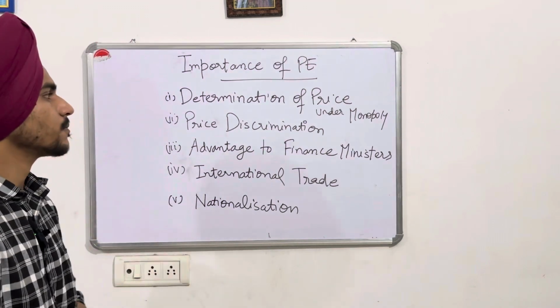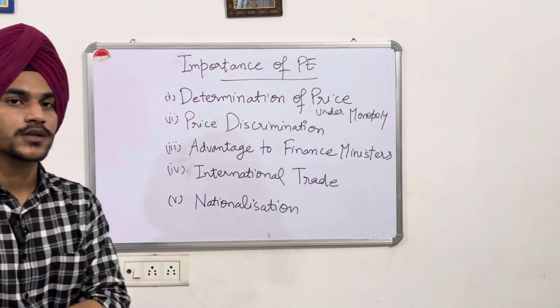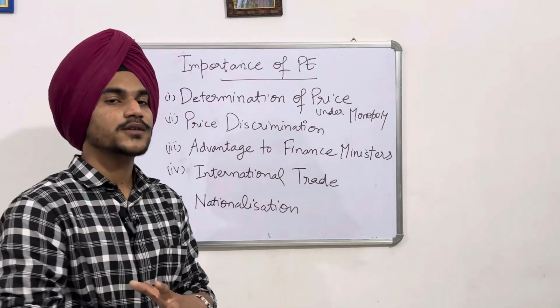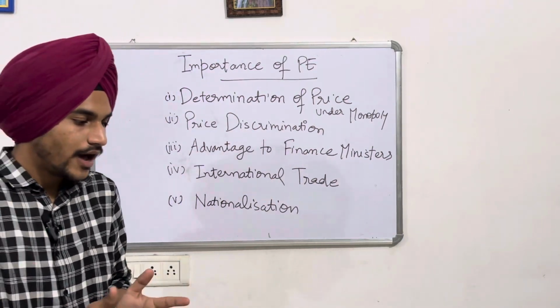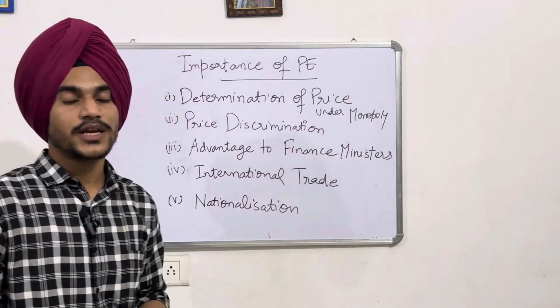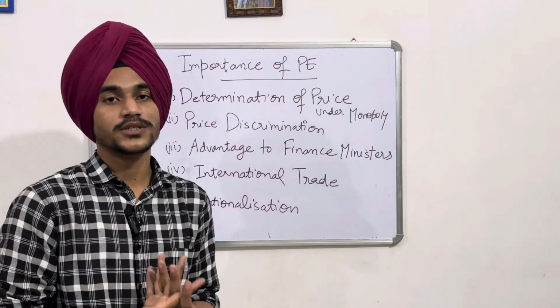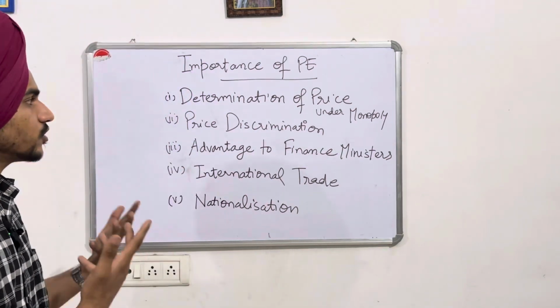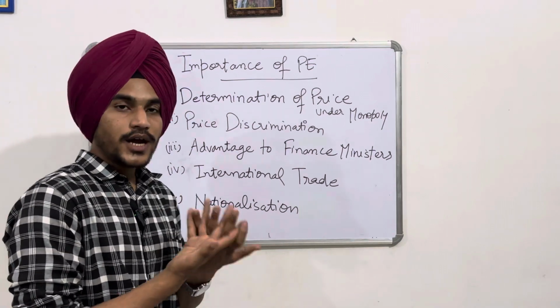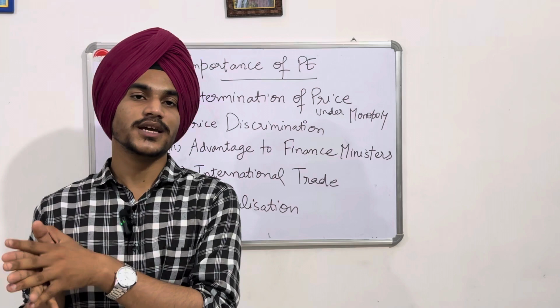So the first one is determination of price under monopoly. Let's assume there is a monopoly. You have the freedom to change your price at any level. Can you change it at any level? Obviously not, because you have to consider the products that have elastic demand or inelastic demand.